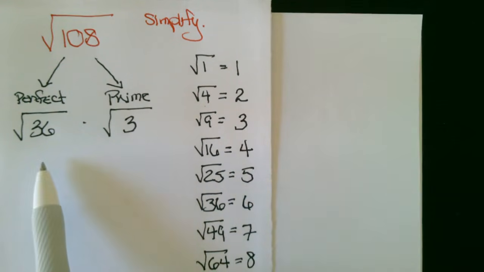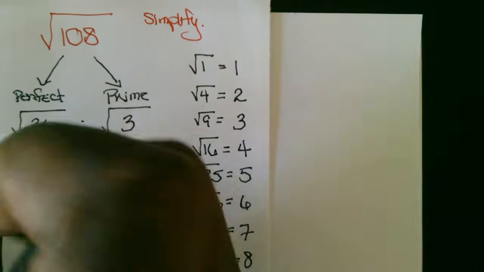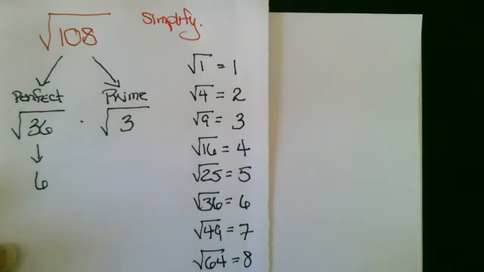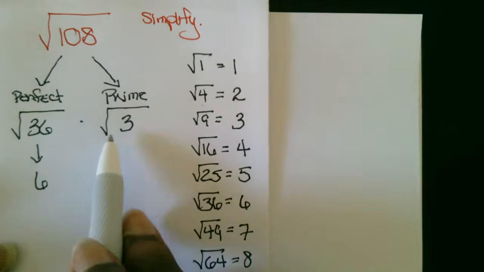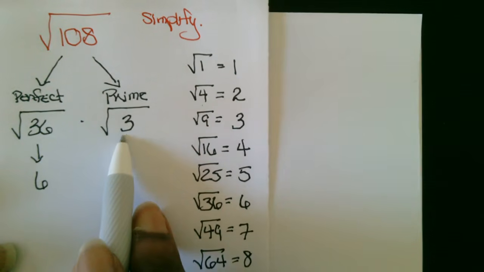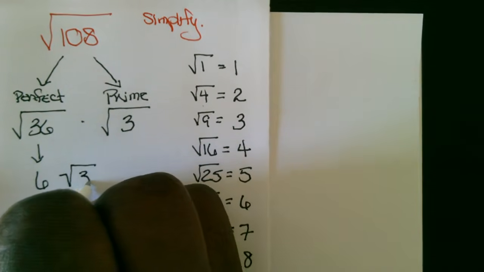So now we need to break this down. We have our perfect, which is 6. So the square root of 36 is a whole number of 6. And since we have a prime, square root of 3, I can't break this down. So if I can't break it down, I'm simply going to bring it down.